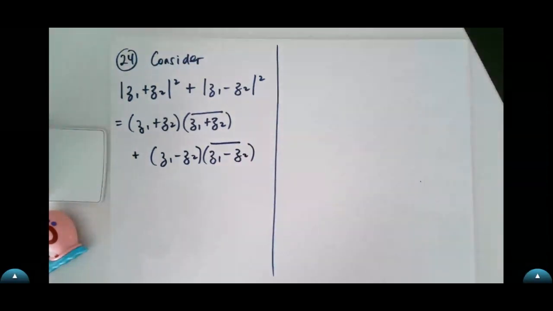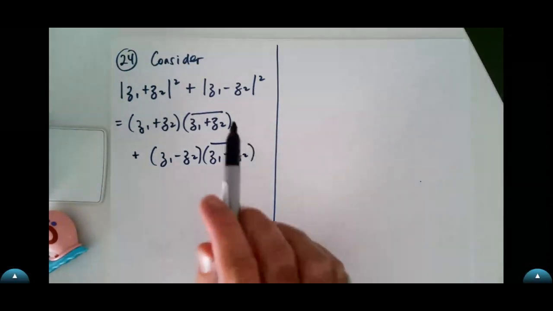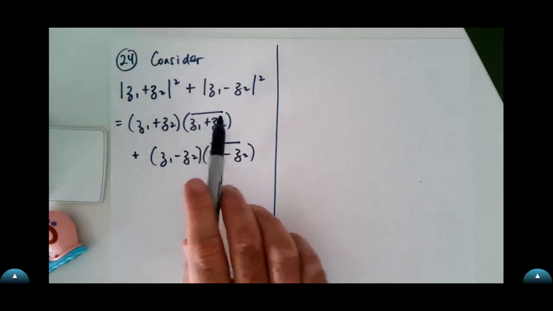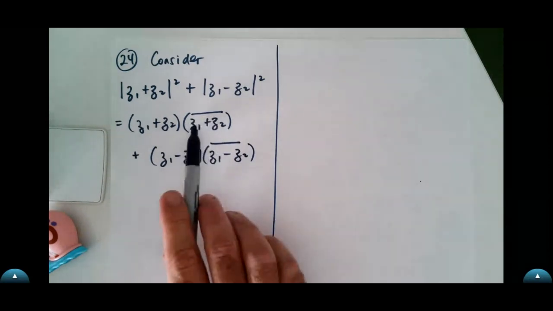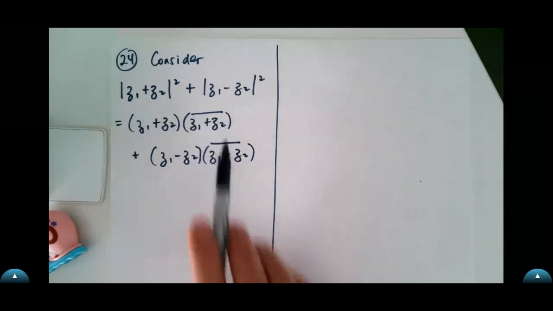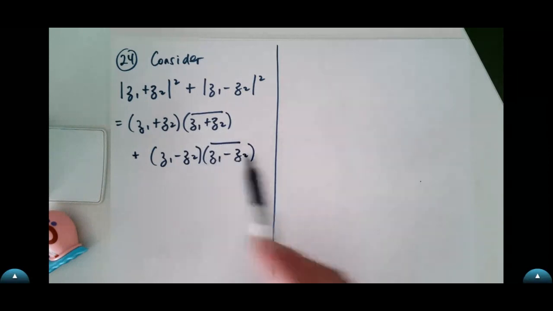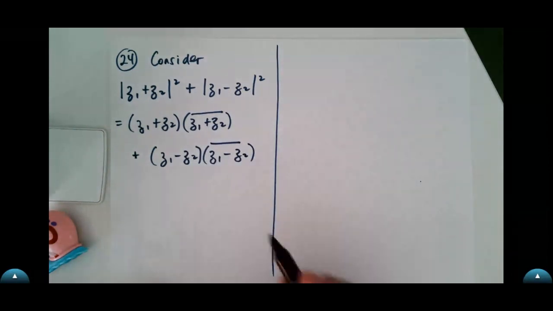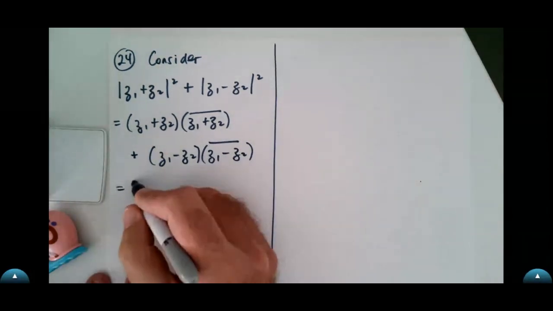Yep. And what I'm going to do is to break up the conjugate of this sum. So this is just Z1 bar plus Z2 bar. And same here, Z1 bar minus Z2 bar.